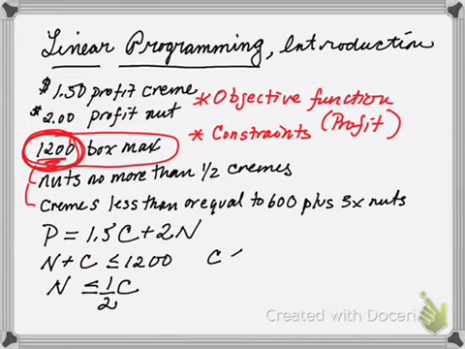So C must be less than or equal to 600 plus 3n. All right. Now, if you've done anything with systems of inequalities, you would be seeing that here, right? You'd be seeing a system of inequalities with 3 inequalities.